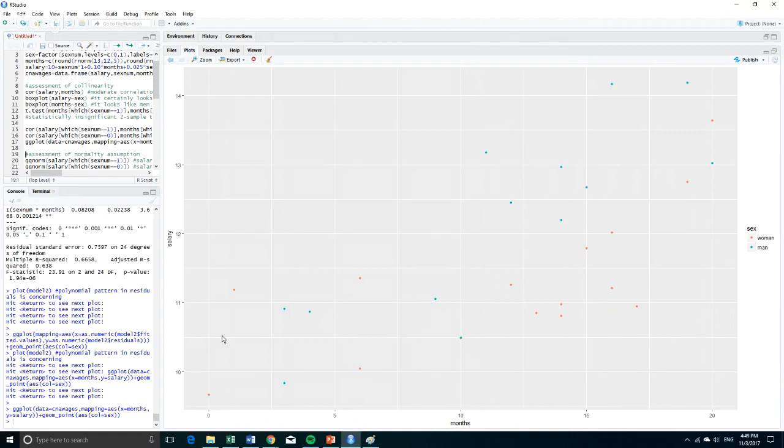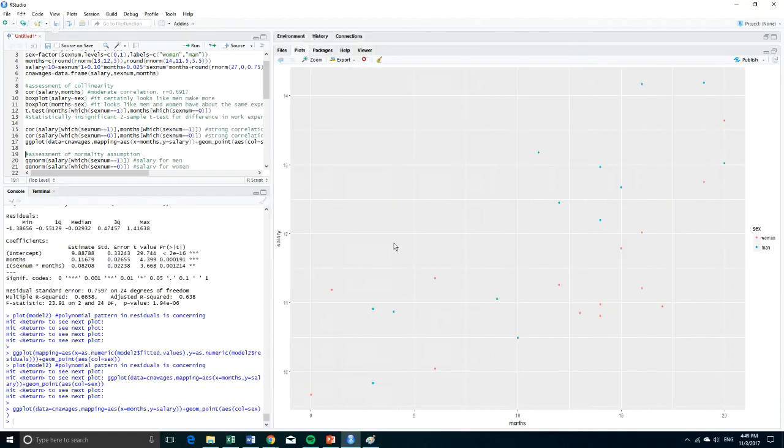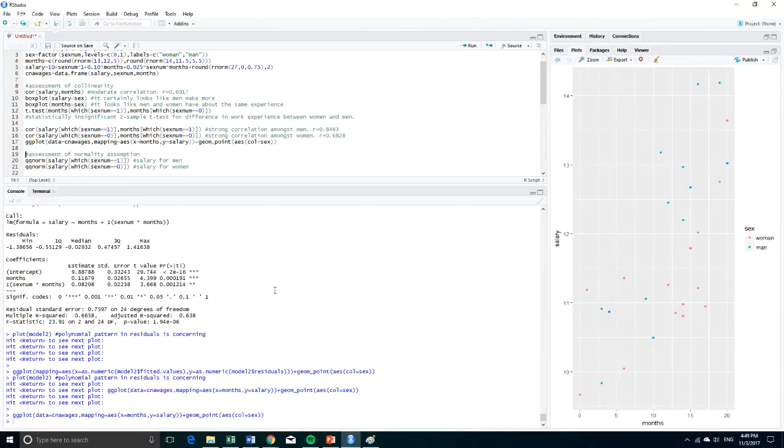It looks like there's really no difference in salary between men and women. For those who have worked less than 10 months, and for those who have worked more than 10 months, there's a very clear pattern. So if anything, I might even go back and split my data set and then redo all of these steps.